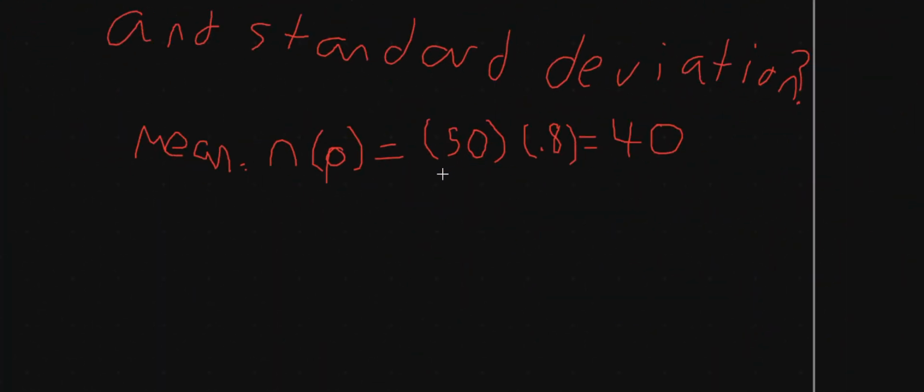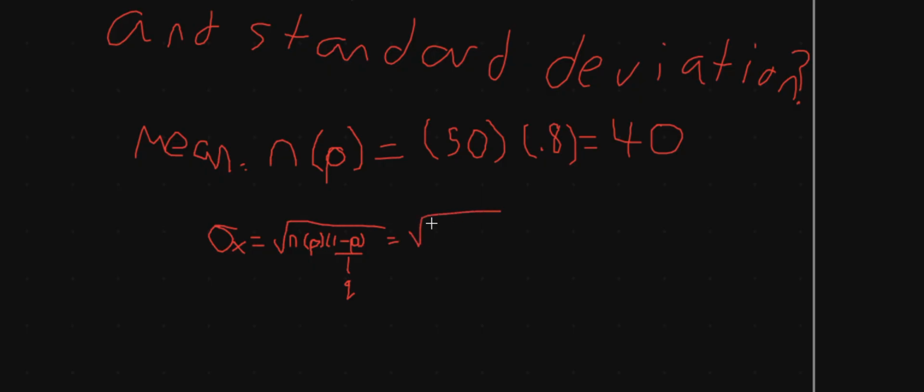Okay, let's go back. And then let's go to our standard deviation. So what could we do for our standard deviation here? It's our sample size n times probability times 1 minus probability. And I know there are some people who write this 1 minus probability as q. It's the same thing. So what would that be?